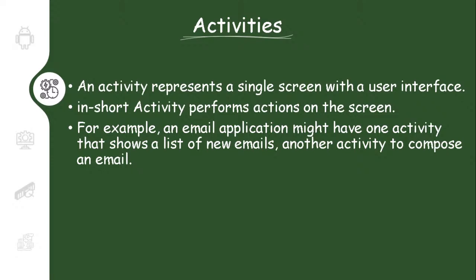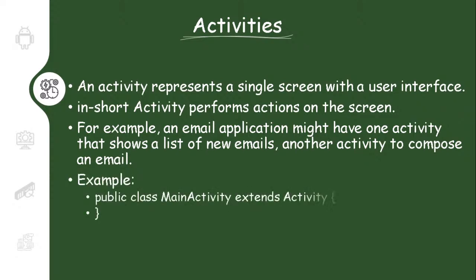And when you want to compose an email, to send some email to some other person, you can have another activity just for composing, where you have to mention the email address you want to send to, and from which email address you want to send the email. So you can use multiple activities in a single application.